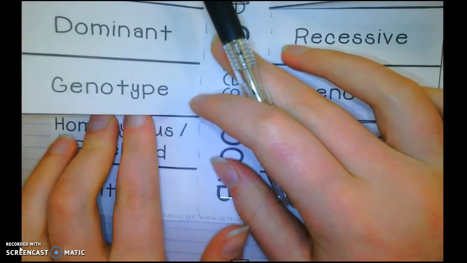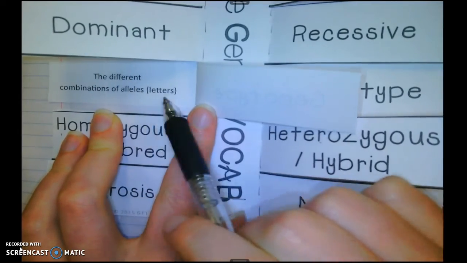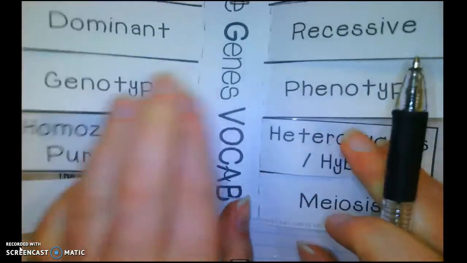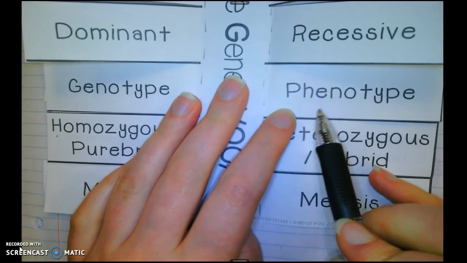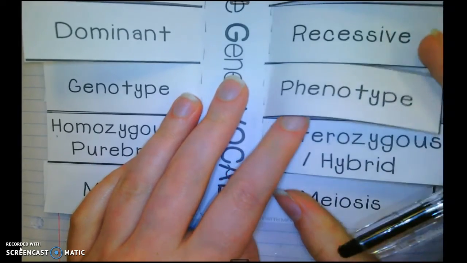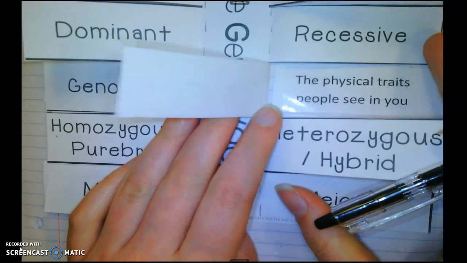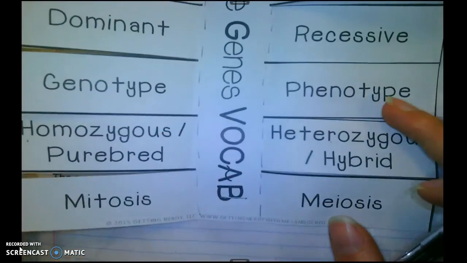The big B's, or little b, little b. They're just the combination of alleles, the combination of letters. The phenotype kind of sounds like photo to me. And that's a picture. It's actually what the trait is. So it's the physical traits that people see. It's like a photo of you. Phenotype is like a photo of you.